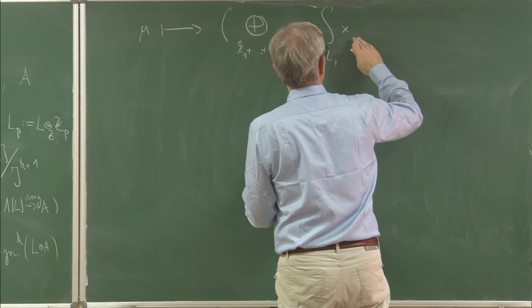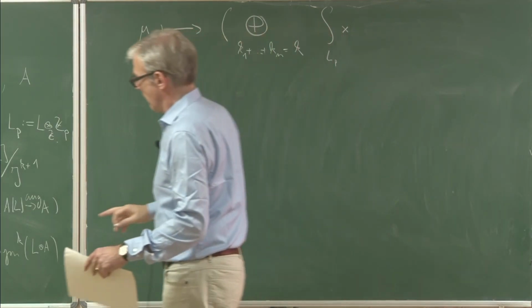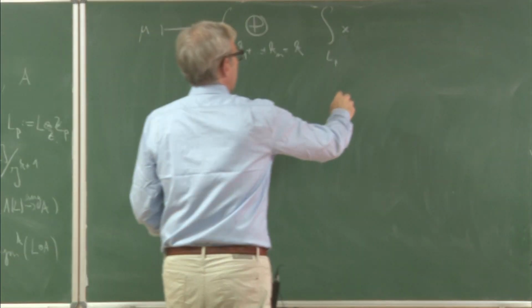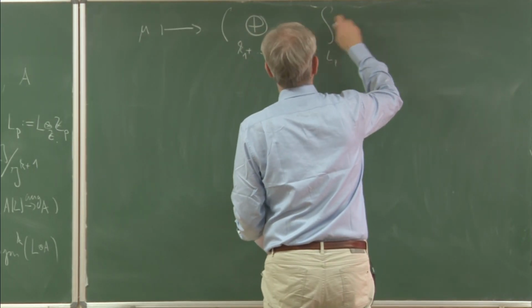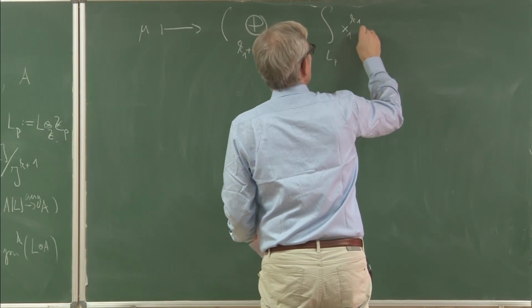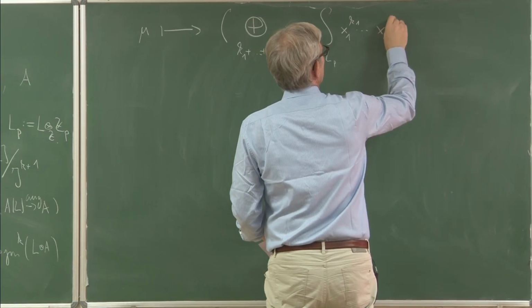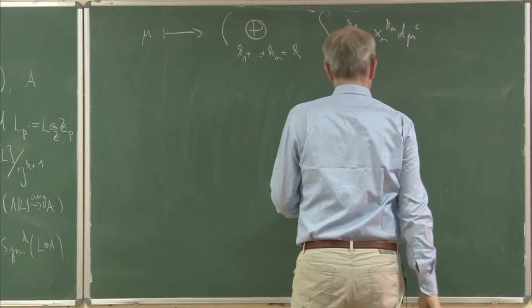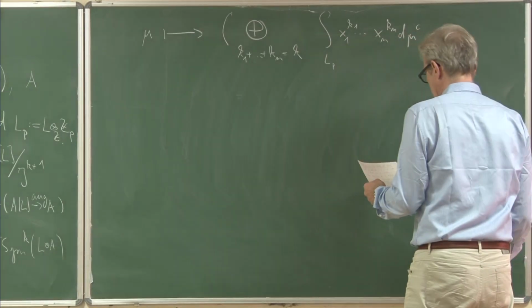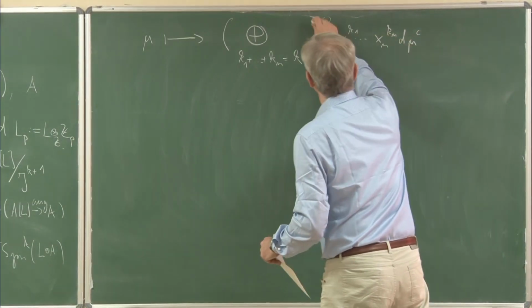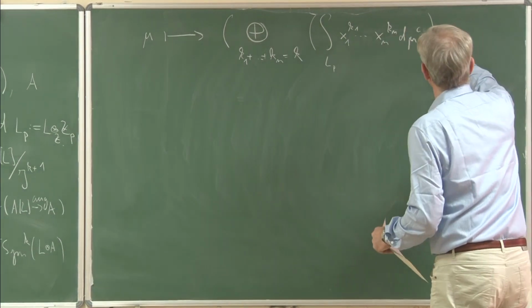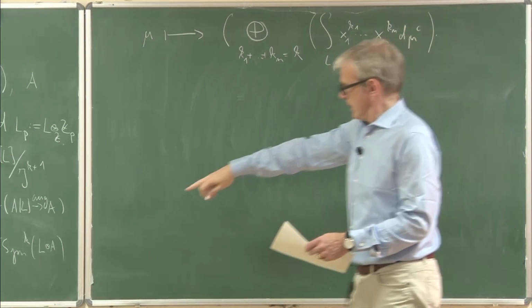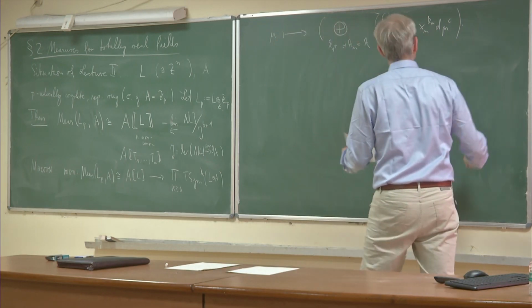After choosing a basis, you get polynomial functions in these variables, x_1 to the k_1 up to x_n to the k_n, d mu. You integrate these polynomials, and this is the coefficient of the following element in this tensor symmetric power.